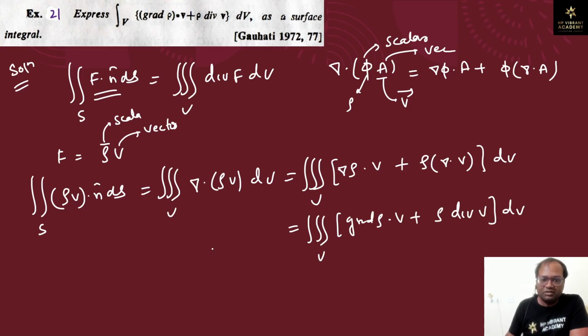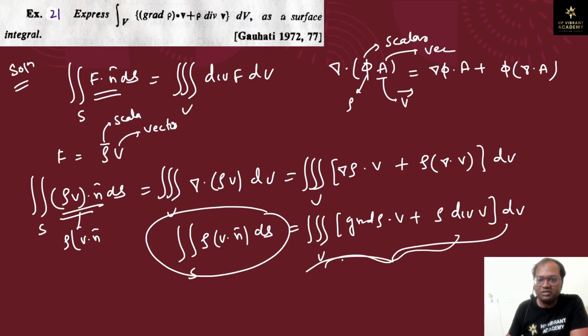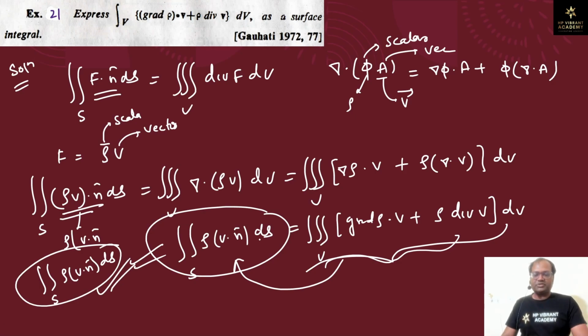And this is equal to surface integral of rho times V dot n cap dS. So we have to express this expression in terms of surface integral, and we have expressed this volume integral in terms of surface integral like this. So the expression is surface integral over S of rho times V dot n cap dS.